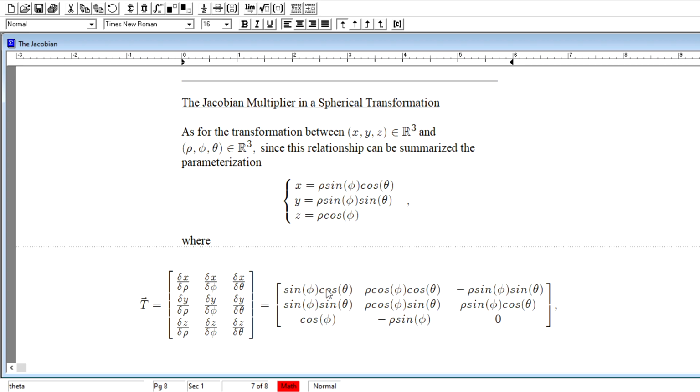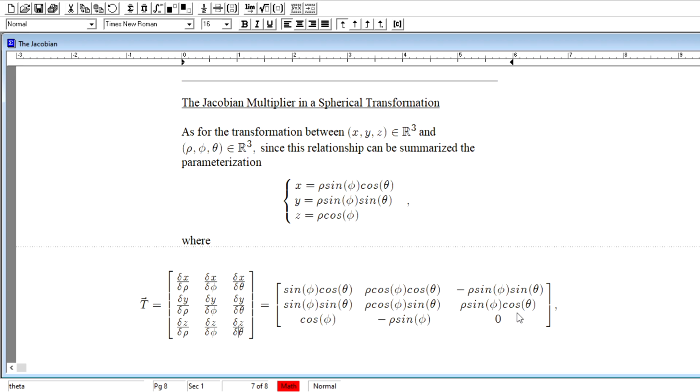Right? This sine phi cosine theta is just the partial of x with respect to rho. Right? Well, rho is only to the first power, so that leaves just behind the sine phi cosine theta. Right? This is then the partial of x with respect to phi, and this is the partial of x with respect to theta.